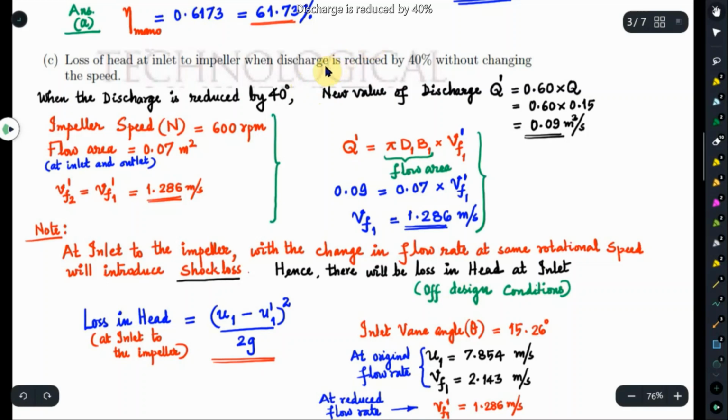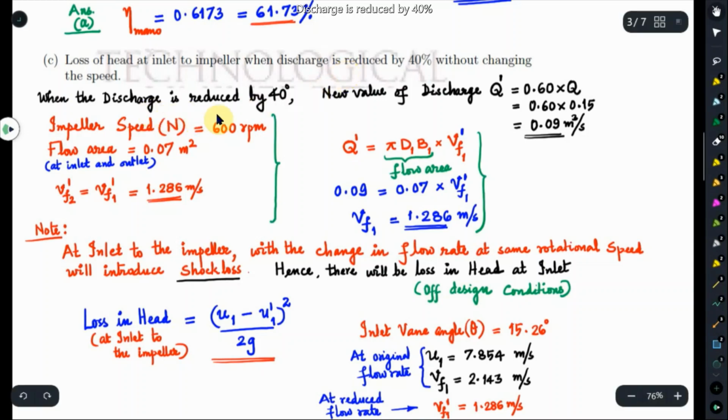So whenever the discharge is increased or reduced, there will be loss of head, because the operating condition will then be deviating from the design conditions.